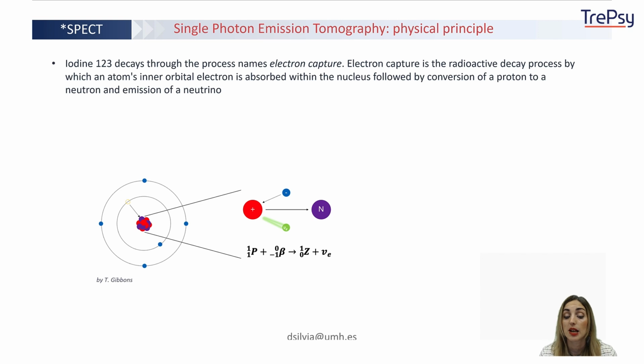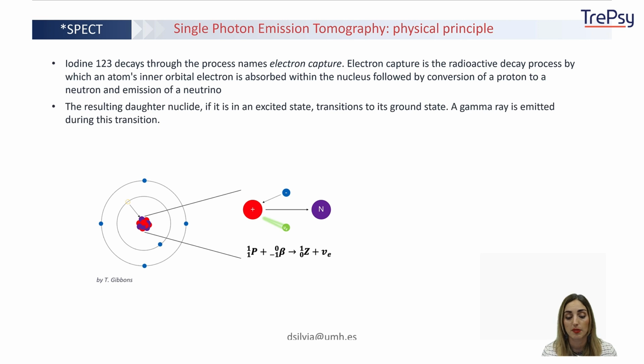What is the physical principle behind SPECT? Iodine-123 decays through a process that is named electron capture. Electron capture is the radioactive decay process by which an atom's inner orbital electron is absorbed within the nucleus, followed by the conversion of a proton to a neutron and an emission of a neutrino, as schematized below.